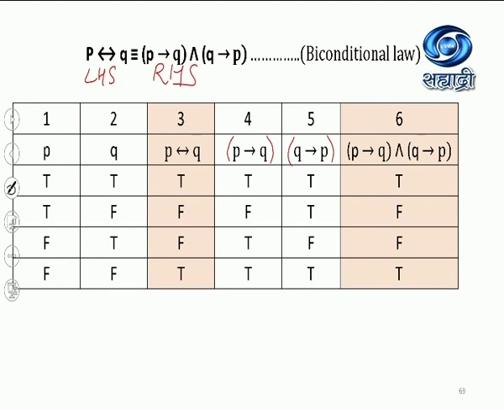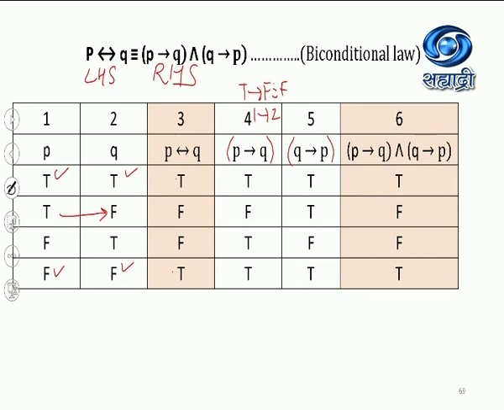Third column entries are for P if and only if Q. We all know both T's, both F gives us T. Rest all are F. P implies Q. P implies Q means what? I am using 1 implies 2. We know T implies F is F. Now where is it? Yes. Only this row has T implies F. So that is F. All rest entries in column 4 will be T.